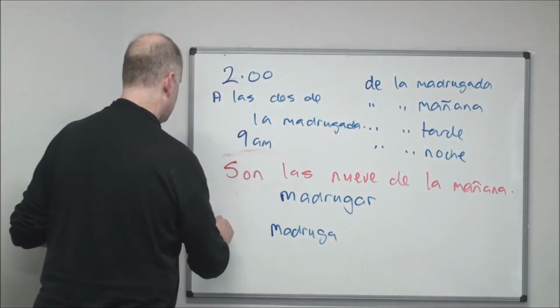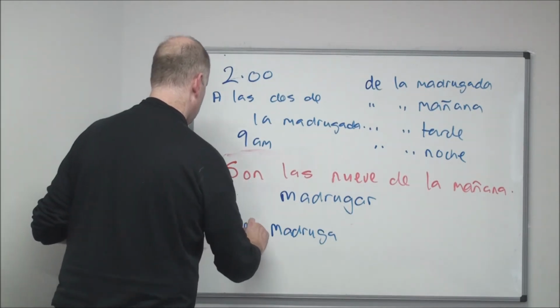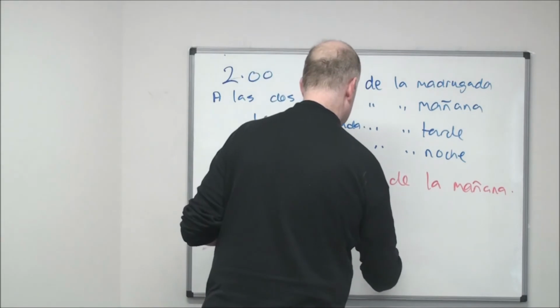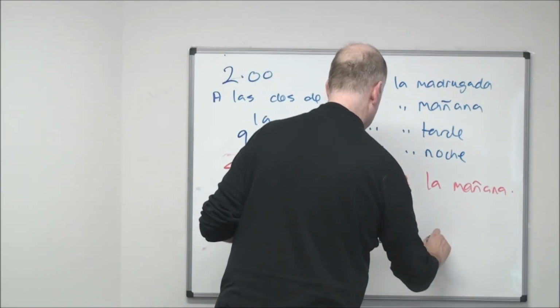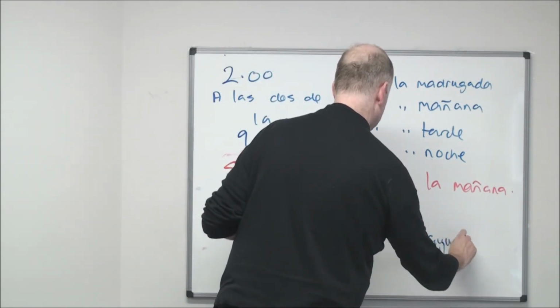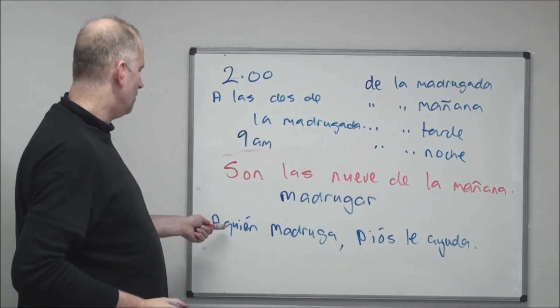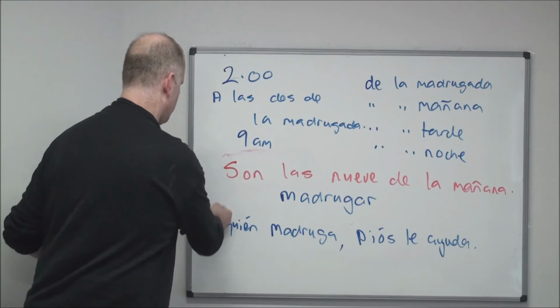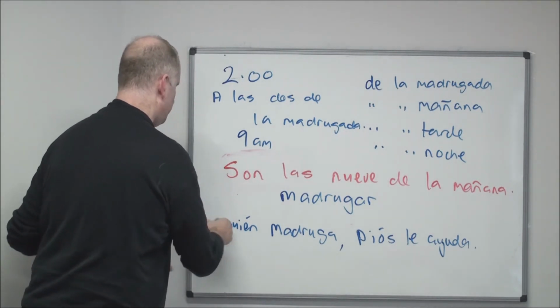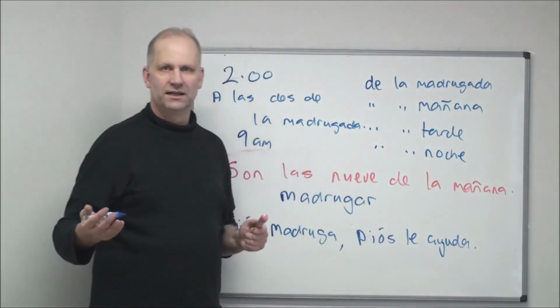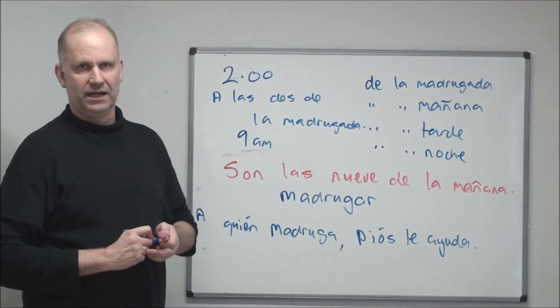And you can say a quien madruga, Dios le ayuda. So to the person who gets up early, God helps, which is equivalent in English to the early bird catches the worm.